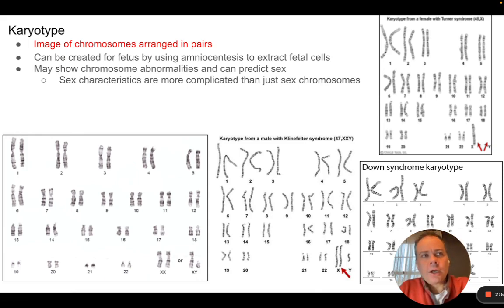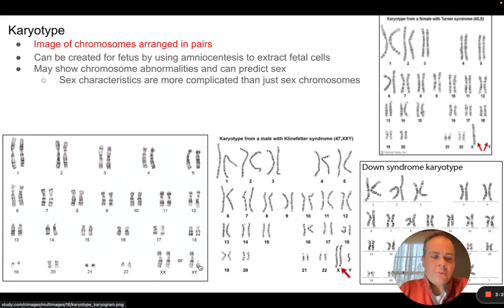There's more complexity to the determination of gender than just these two sex chromosomes. They are instructive. The majority of people that have two X chromosomes identify as female, have female anatomy and secondary sex characteristics, and XY are typical male sex chromosomes.